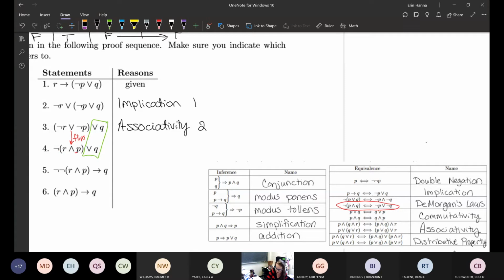That one kind of does besides the letters. But even if it was more complicated than that. So from 3 to 4, we did De Morgan's law on 3.